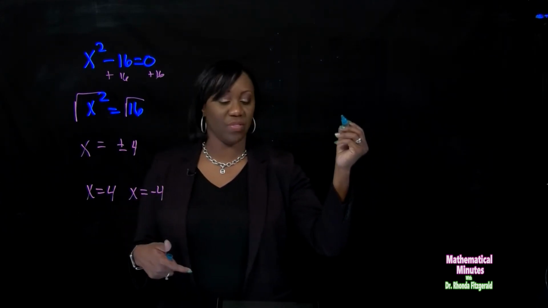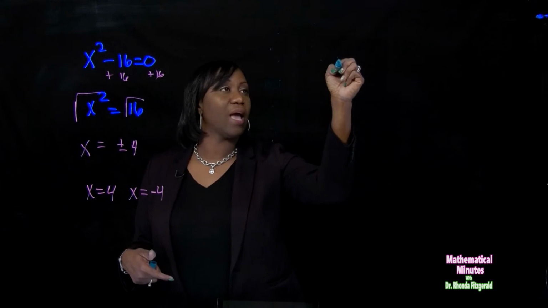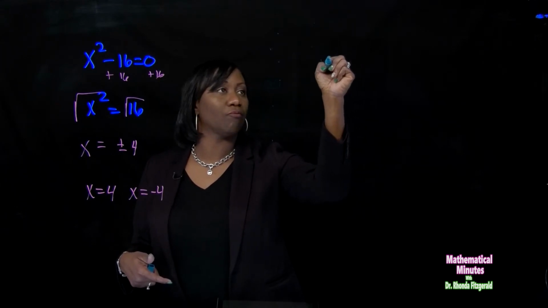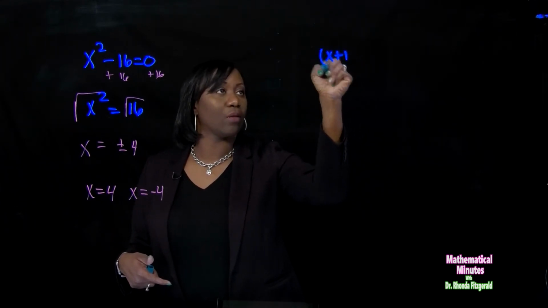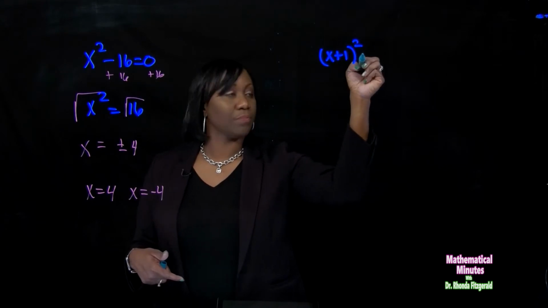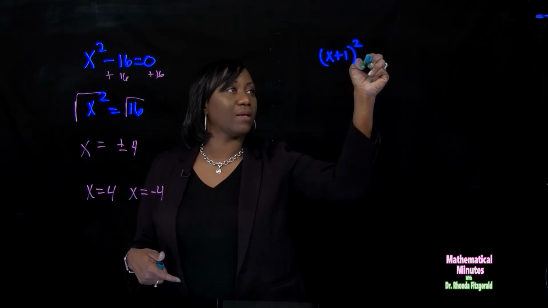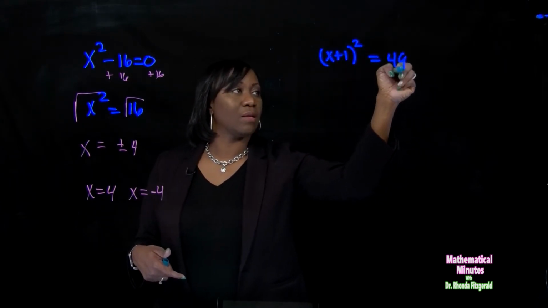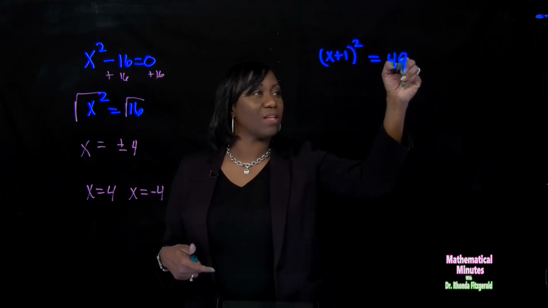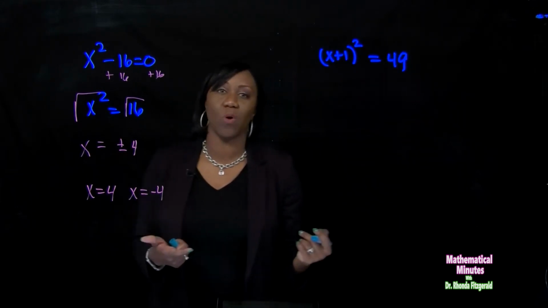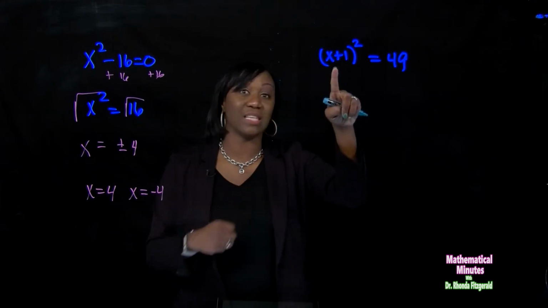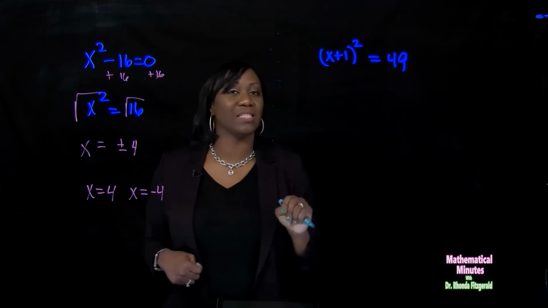My next example that I want to solve is x plus 1 quantity squared equals 49. Notice this, even though it looks different, it follows the form that we're looking for: something squared equals something else.